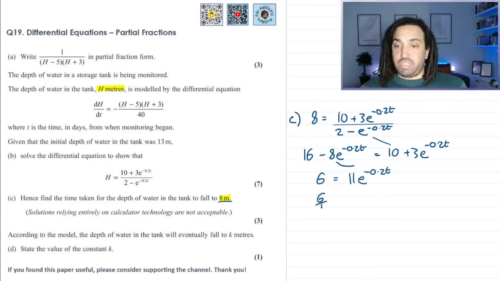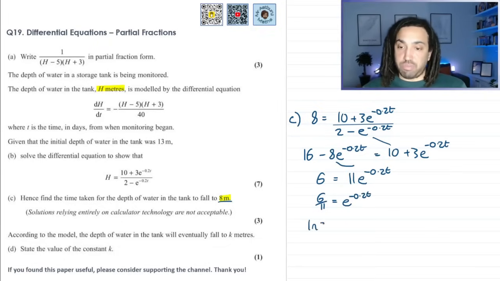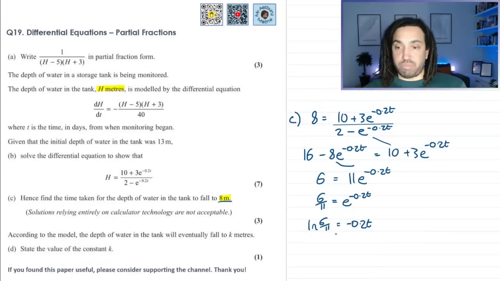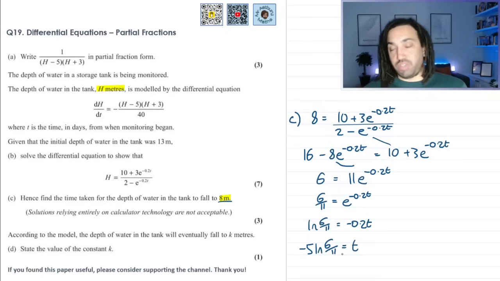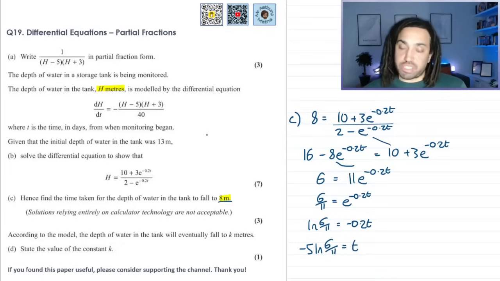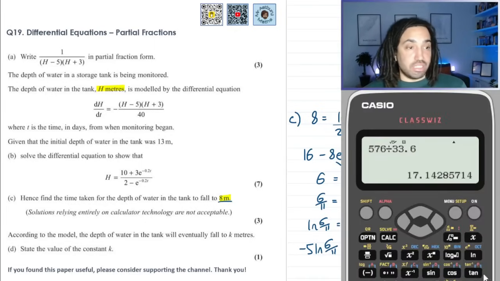Fine, so divide through by 11 gives us this. Take the natural logarithm of both sides, gives us this, and then times through by minus 5, or divide by minus 0.2, same thing of course, and then that just needs to go into the calculator.